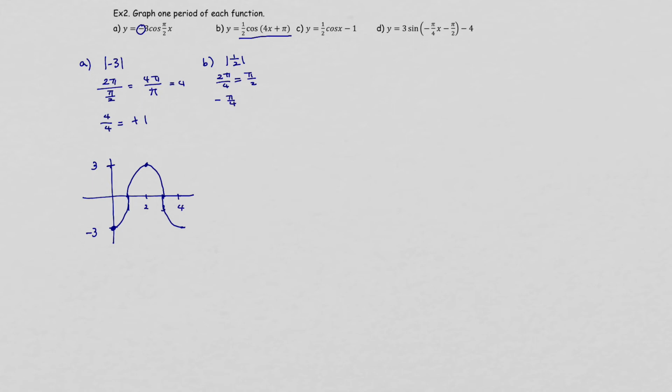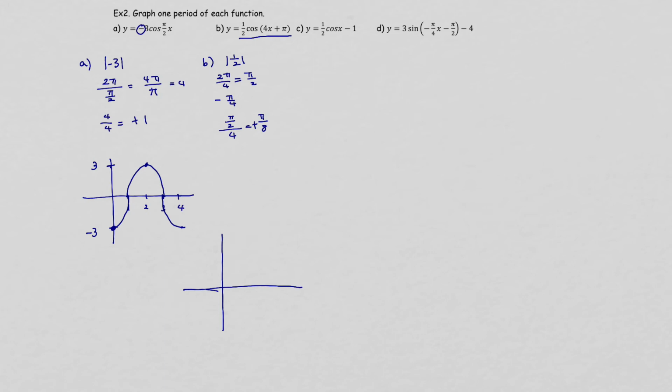And if we wanted to find the 5 key points, we're going to do the period over 4, which is pi over 8. So you're adding pi over 8, and adding pi over 8. Let me start graphing here. I wanted to graph on the bottom so that I'll have space to find the 5 key points.